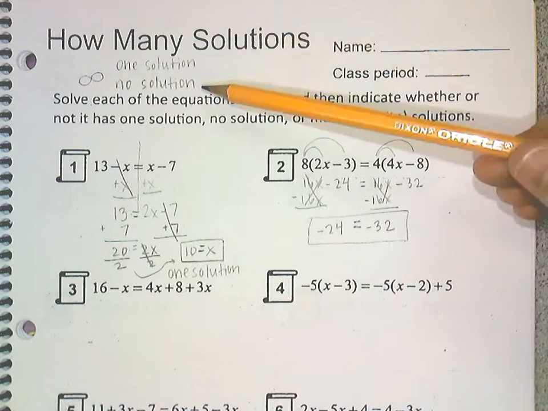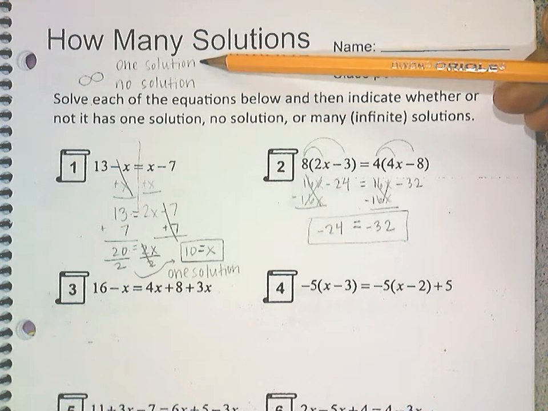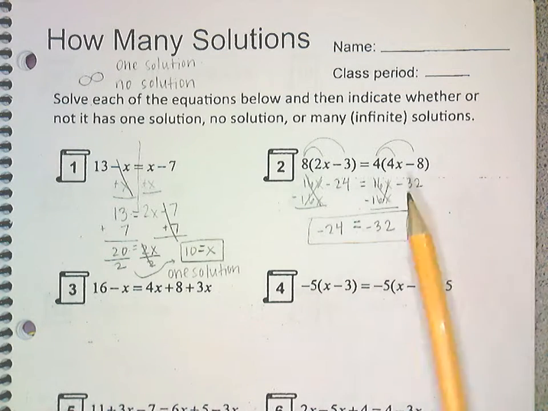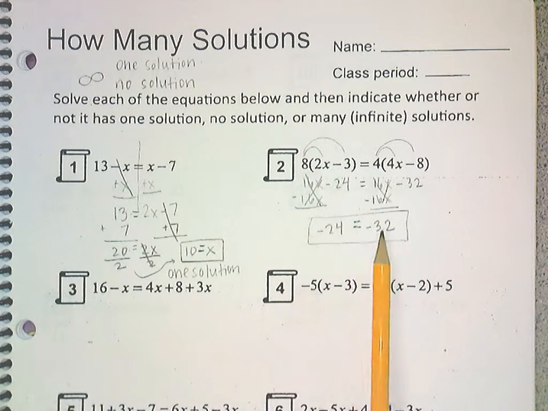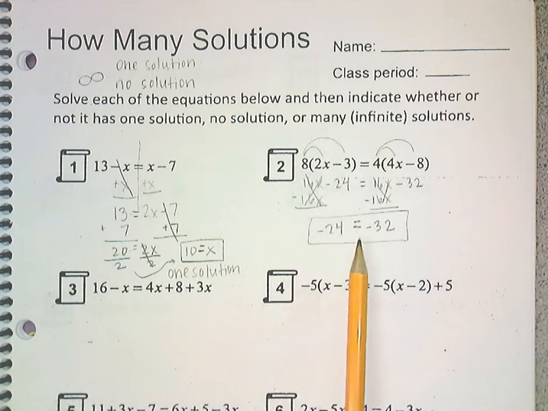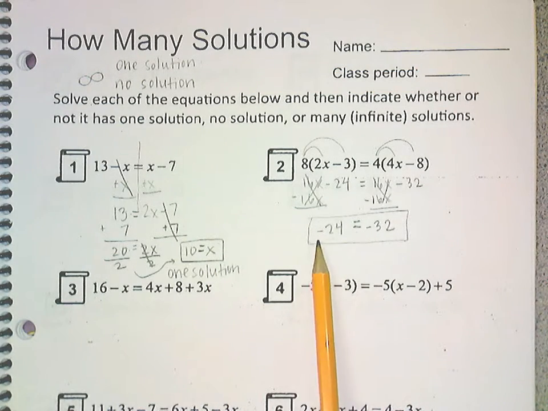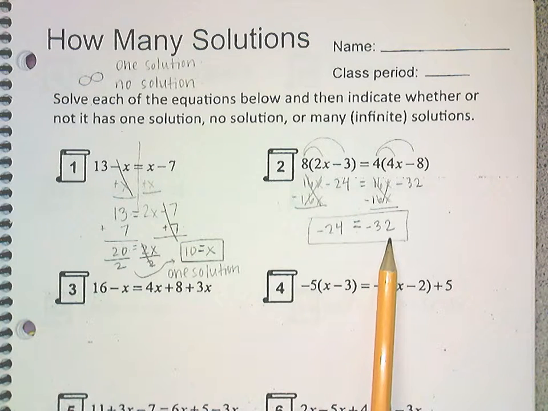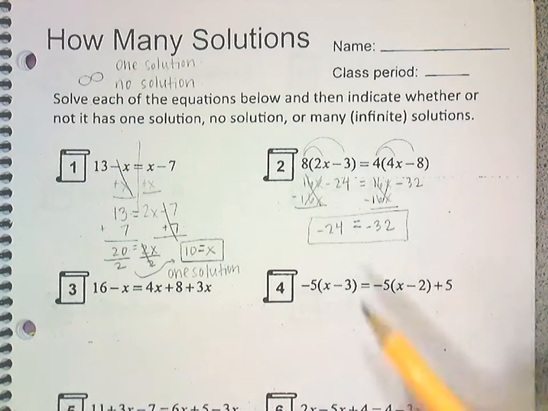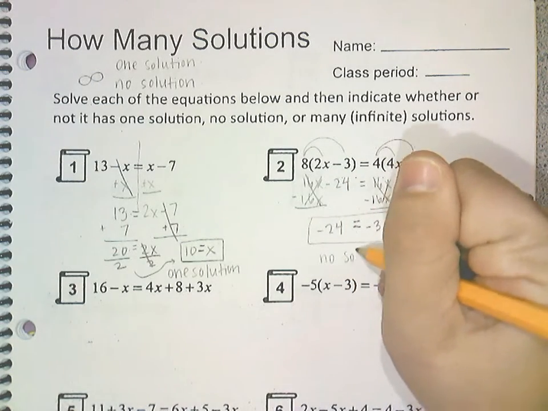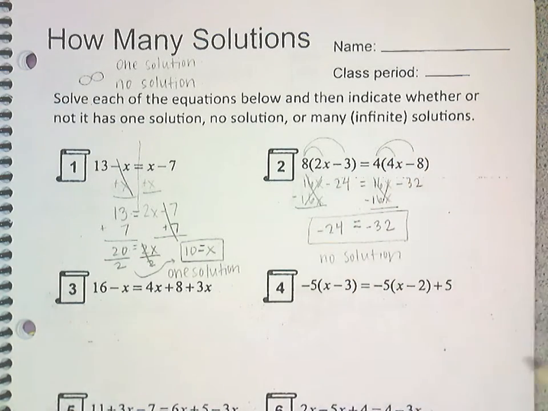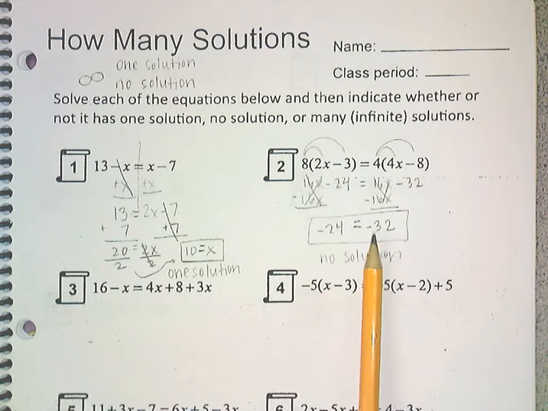Now, if we look up at our 3 choices, is it 1 solution? It's not 1 solution because we don't have a variable equals a number like we had here. It is actually no solution because this is not true. Does negative 24 equal negative 32? Are those the same numbers? Okay, they're not. So that means that there is no solution because these numbers can't equal each other.